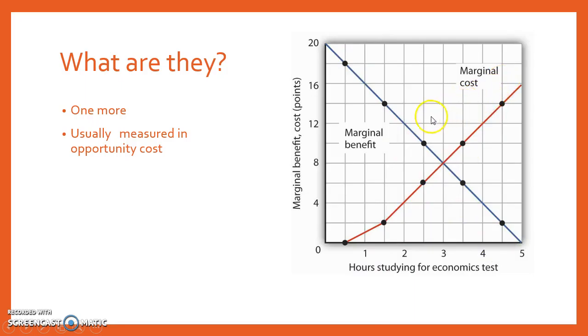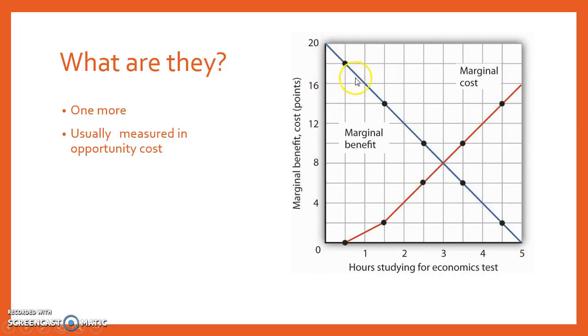So let's take a little look at this. If we see that Jared studies for a half hour, then he's going to get a marginal benefit of about 18 points. So he's going to get an additional 18 points on his econ test that he wouldn't otherwise have gotten if he didn't study.